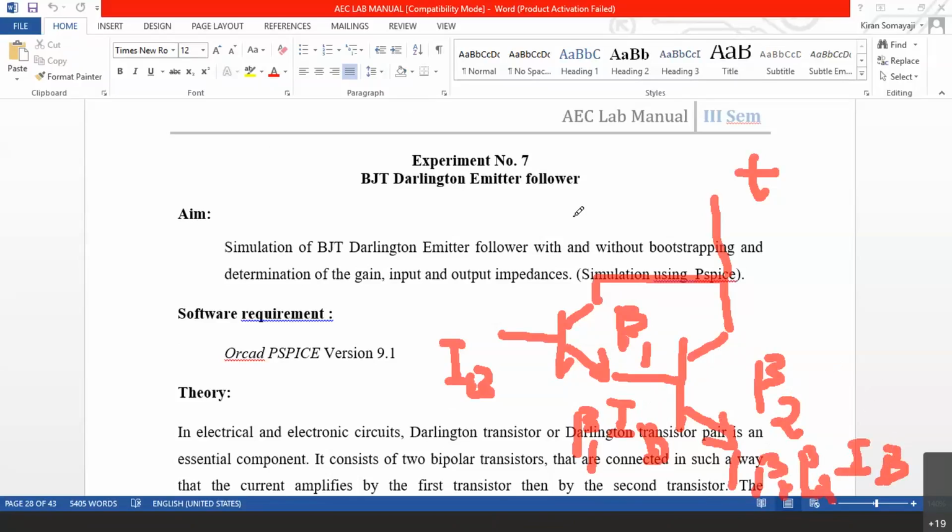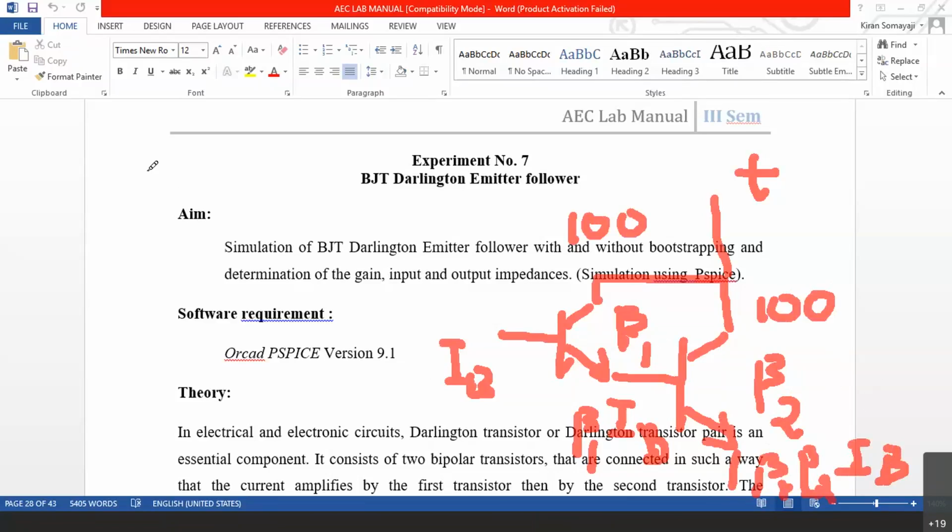For example, if this transistor has a beta of 100, and let us say the other one, beta 2, is also 100, both transistors having the same beta, the emitter current of the second transistor will be 10,000 times larger than the input current.